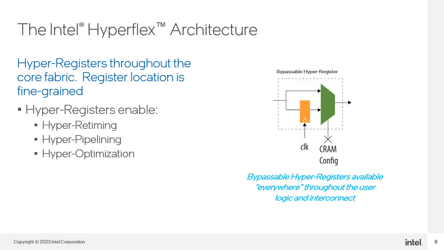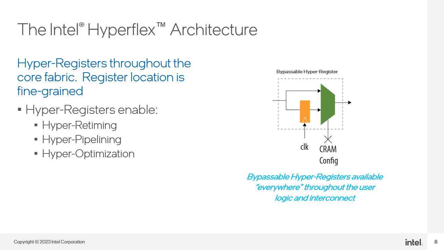The Hyperflex architecture introduces even more registers throughout the core fabric. The key building blocks for the Hyperflex architecture are bypassable hyperregisters located in every routing segment and at all block inputs in the core. Unlike existing architectures, this is a more fine-grained approach because there are really hyperregisters located everywhere throughout the core fabric.